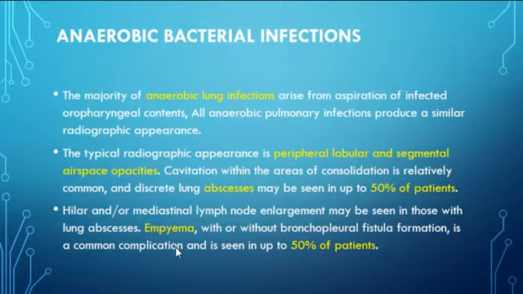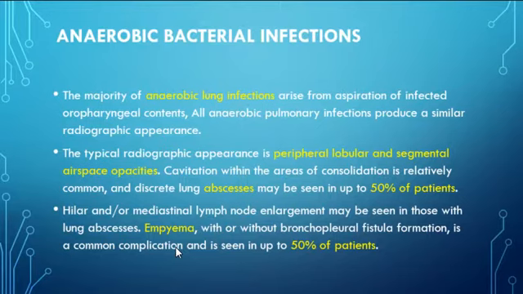Now passing to anaerobic bacterial infections. The majority of anaerobic lung infections arise from aspiration of infected oropharyngeal contents. All anaerobic pulmonary infections produce a similar radiographic appearance. The typical appearance is peripheral lobular and segmental airspace opacities, patches.